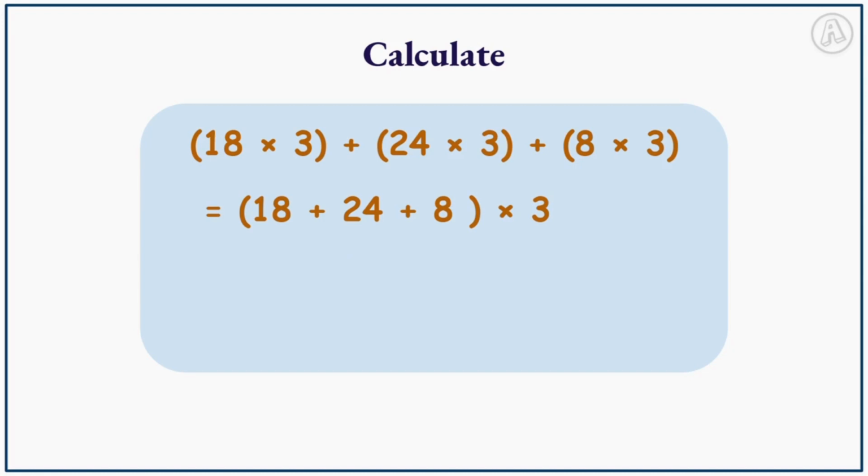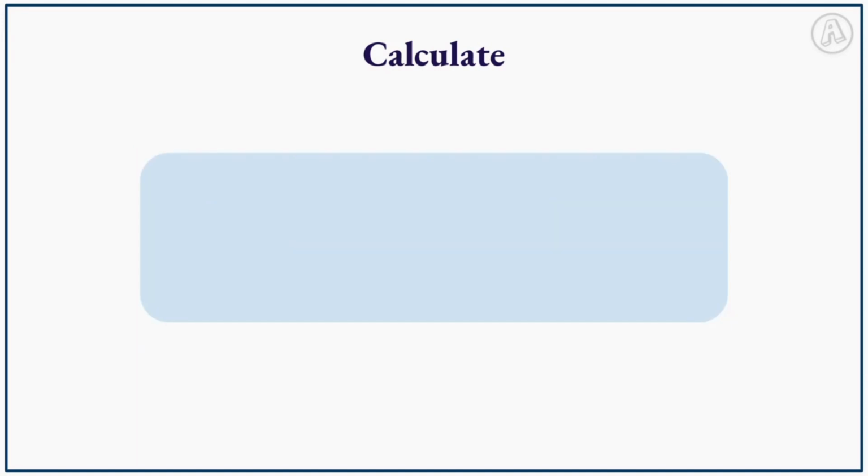So if we use the order of operations, we start with the brackets. 18 plus 24 plus 8, which equals 50. And 50 times 3 equals 150. We can see that this calculation was much easier to work with.